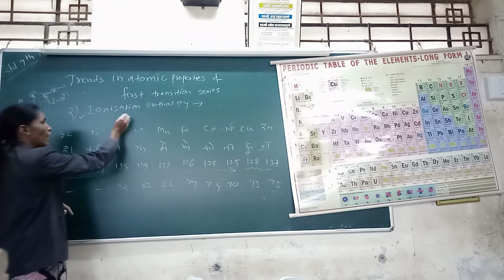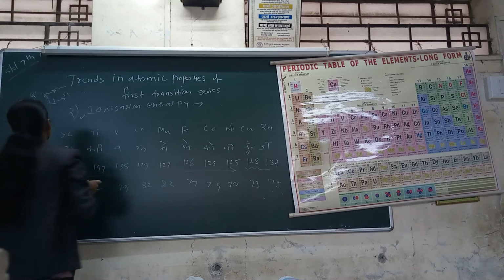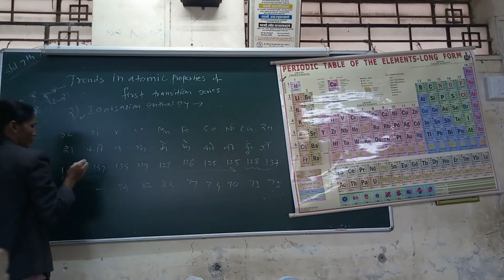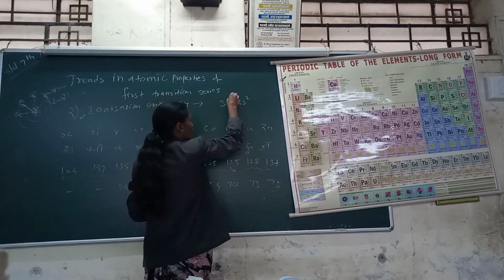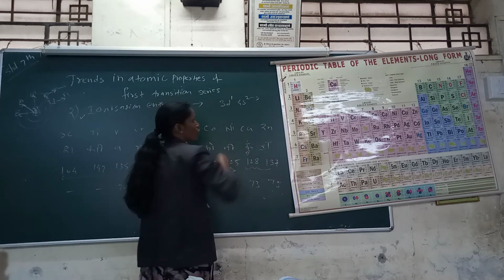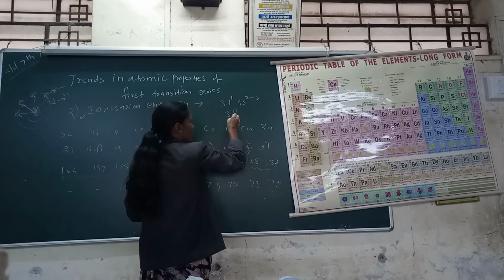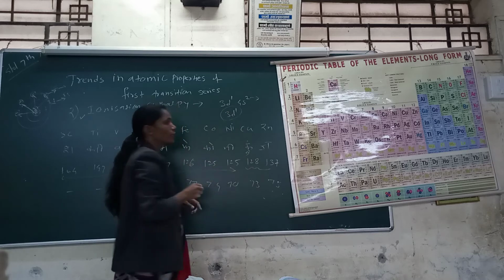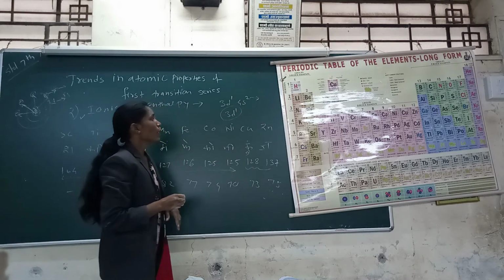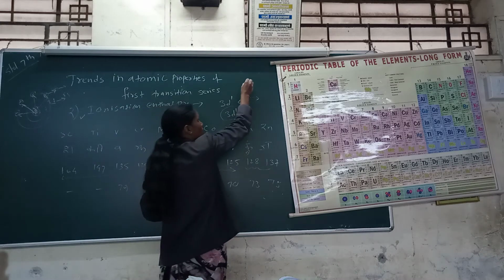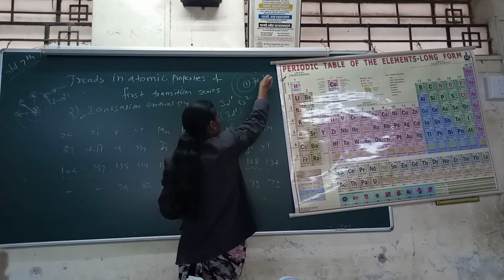In ionization enthalpy, when electrons are lost, scandium is 3d1 4s2. If these two electrons are lost, the last shell is removed. Considering the distance, if this is the nucleus, this is 3d and 4s.